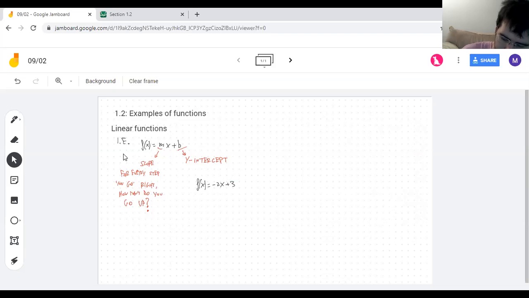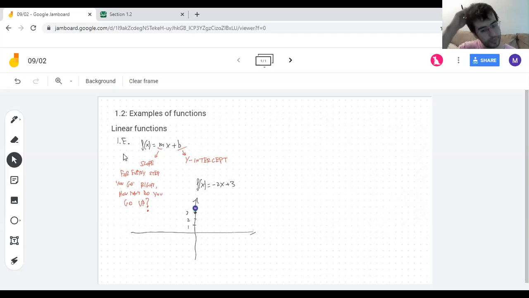This is a function whose graph looks like, well, I just said the number that appears by itself, the constant, is the y-intercept, so it goes through this point, and then every time I go one to the right, the slope is negative 2, meaning if I go one step to the right, I go 2 steps down. So this is the line I'm talking about.